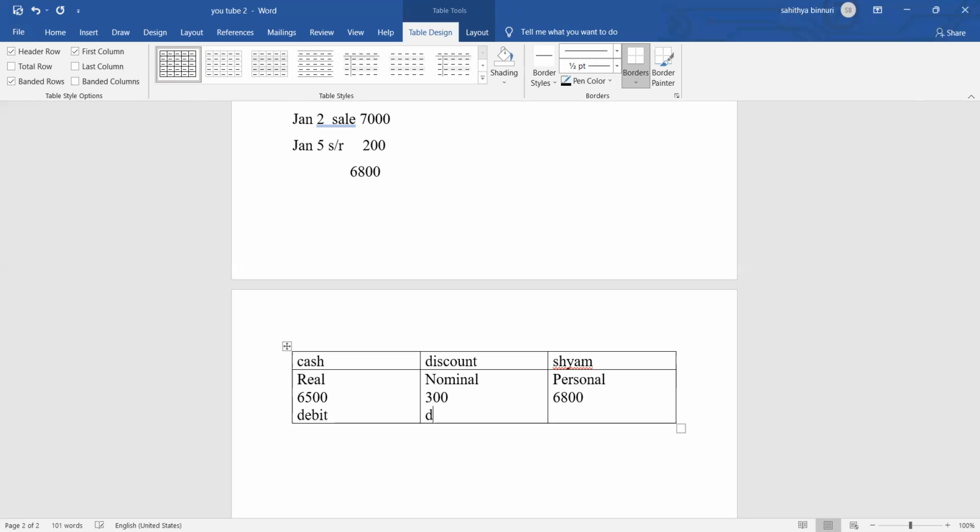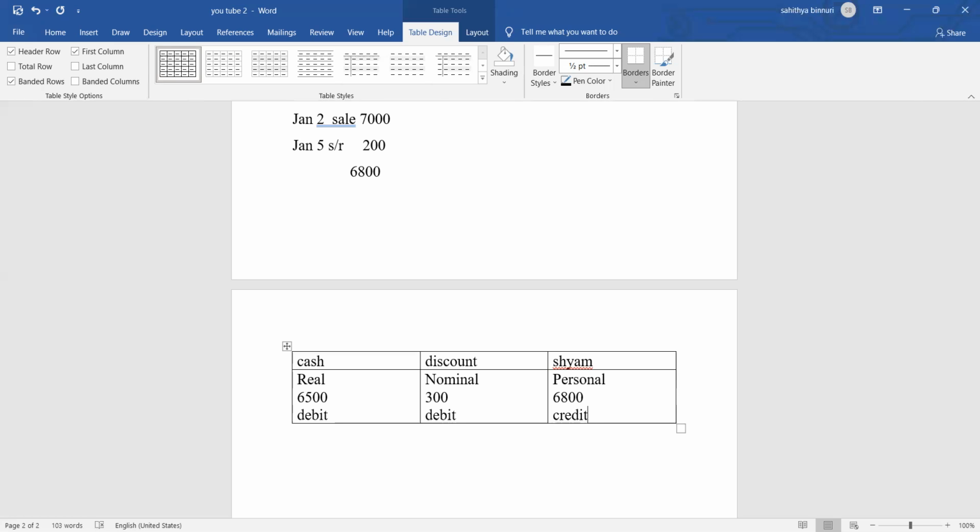Because it is an expenditure, discount will be debited. And Sham is the person who gave you all these things. 6,500 was given by Sham, and the principle of personal account is debit the receiver, credit the giver. So Sham is the person who gave you the 6,500 rupees. So the principle tells whosoever is giving you, credit them. So that's the reason Sham will be credited.